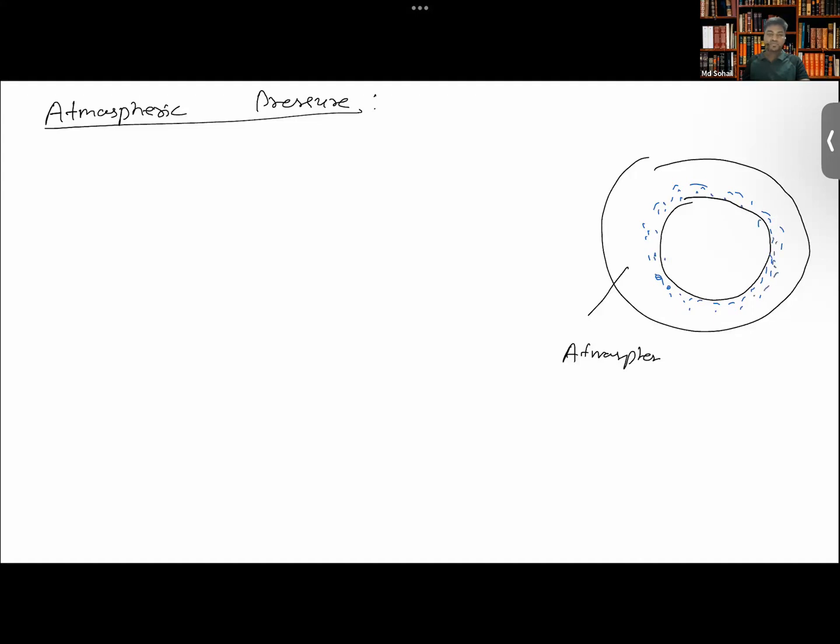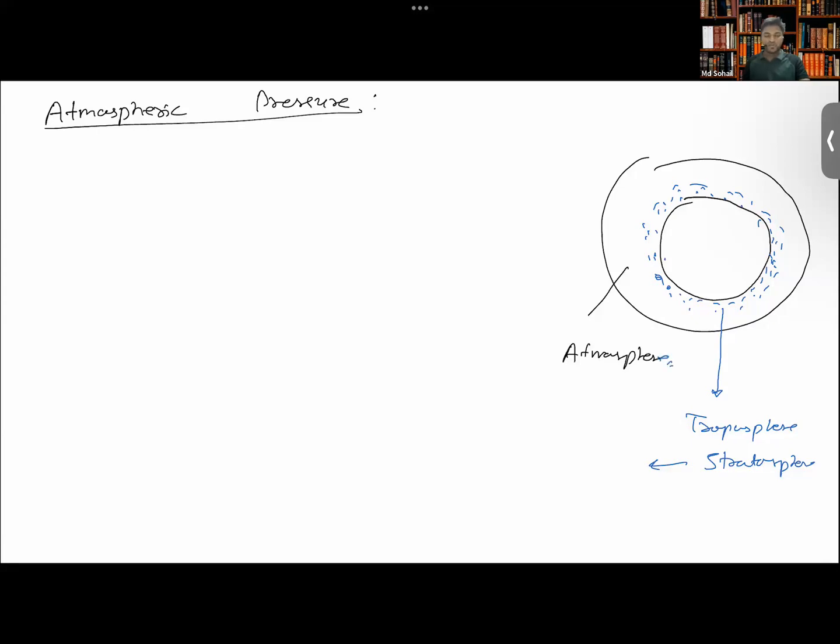The gaseous composition of the atmosphere is nitrogen, oxygen, carbon dioxide. These are present in the lower layers, the troposphere and the stratosphere. Stratosphere is the same layer in which aeroplanes fly. So in the lower layer, the concentration is high.